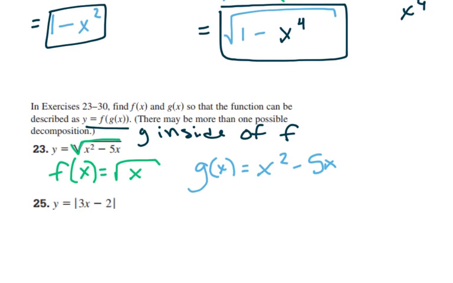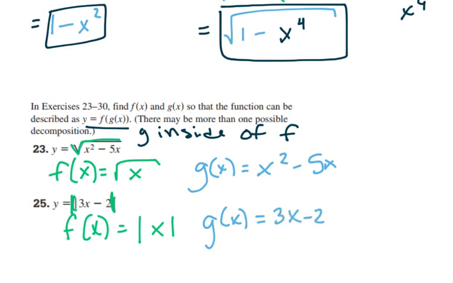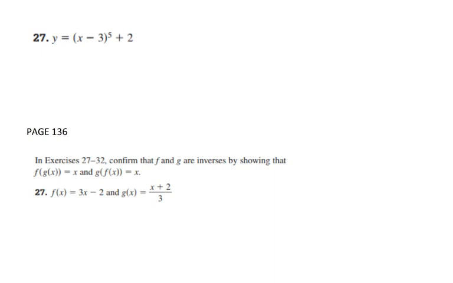The next piece that I'm going to do here, you can definitely see these absolute values are on the outside. So I'm just going to say that the outside, or the outermost equation, is something being taken an absolute value of. And then the g I'm going to use as 3x minus 2. And again, you can be as creative as you would like with those, but I just picked the outermost thing, and that's the outer equation. All right, we're going to do the same thing here in number 27.